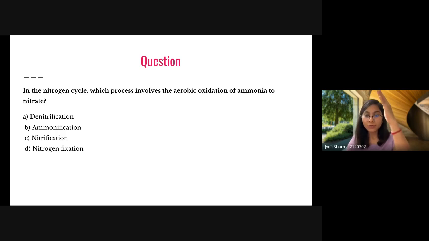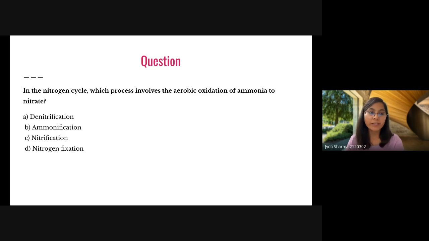So N2 to ammonia to nitrite to nitrate, and again to N2. So this is the nitrogen cycle. And you have to tell me the process where there is the formation of nitrate from ammonia. So can you tell me the name of that process where there is the aerobic oxidation of ammonia, because ammonia is NH3, right?